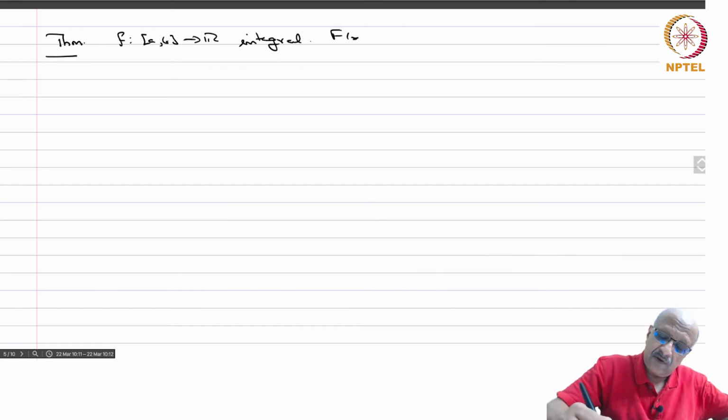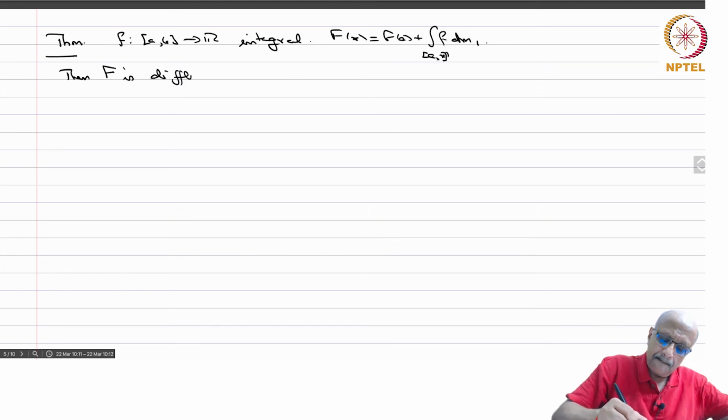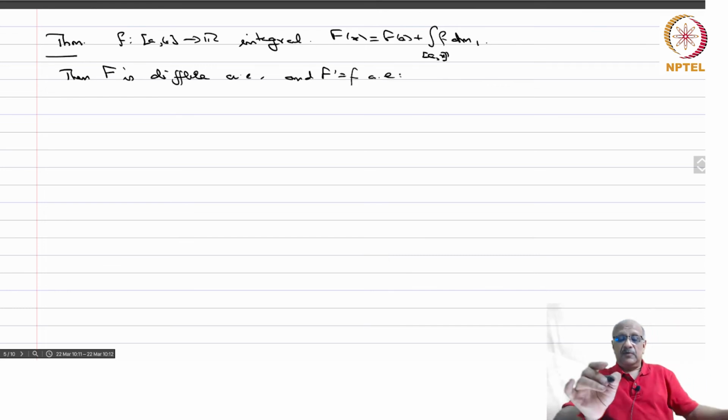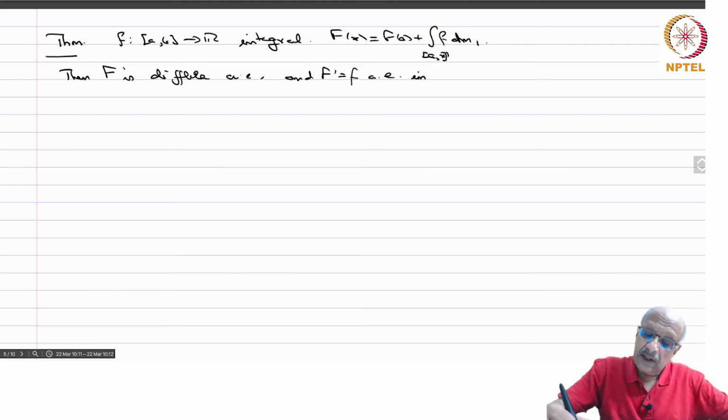Let capital F of x equal capital F of a plus the integral from a to x of f dm1, the indefinite integral. Then F is differentiable almost everywhere and F' equals f almost everywhere. So this is like the fundamental theorem of calculus. Okay, so we have this on [a,b].